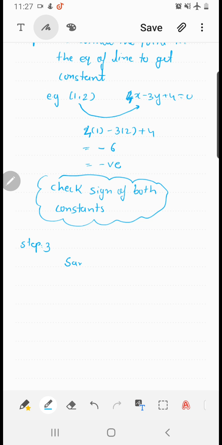So if the sign is same or different, we wanted to discuss whether the line contains or does not contain. So here we write contain and here does not contain.